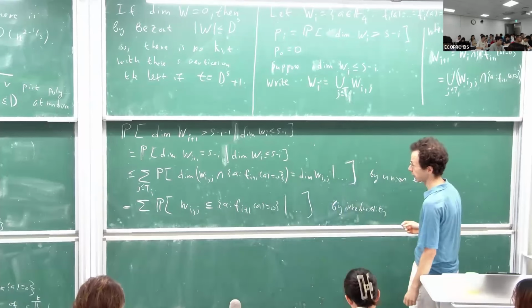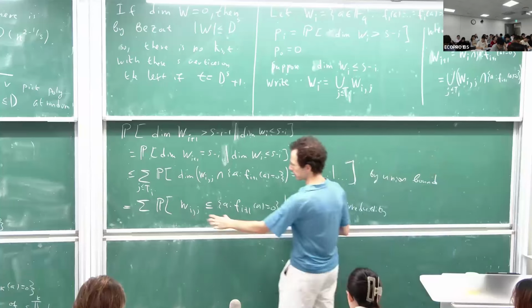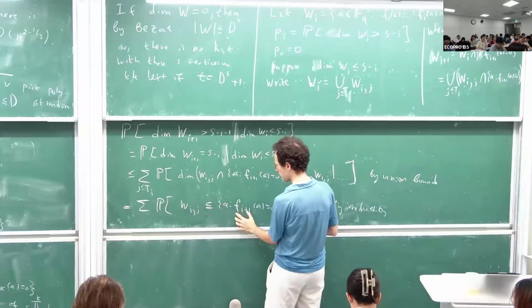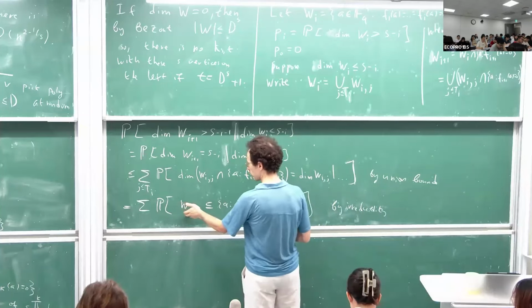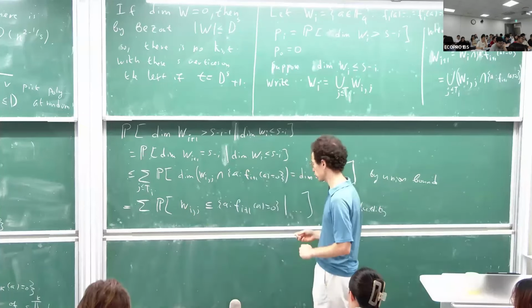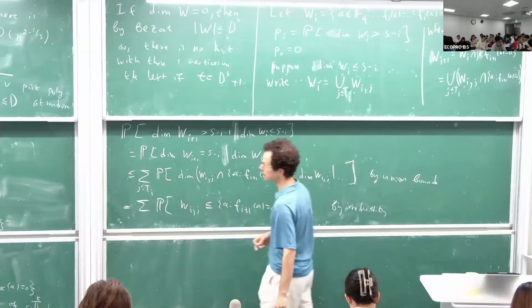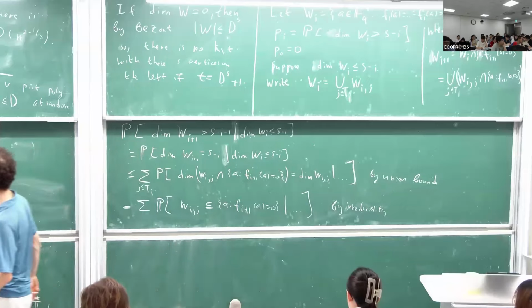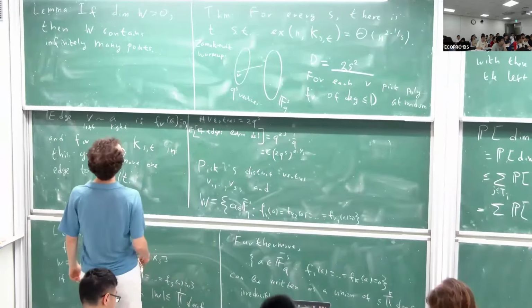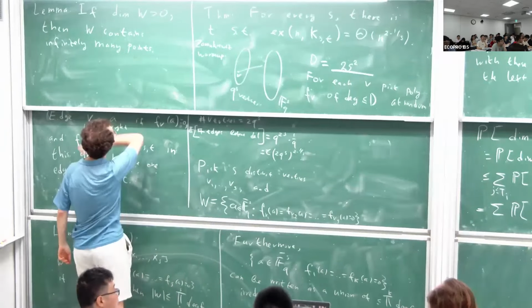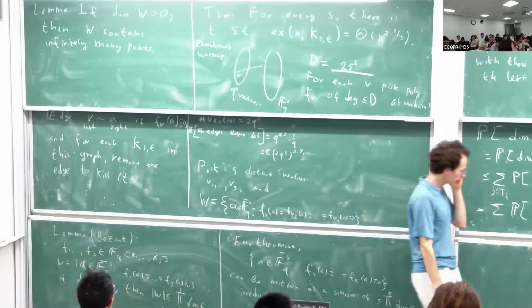Okay. So what's the probability that f_{i+1} vanishes on all of the points of the W_{ij}? Well, this is where we are going to use this Nullstellensatz, which I wrote here. This is this lemma.